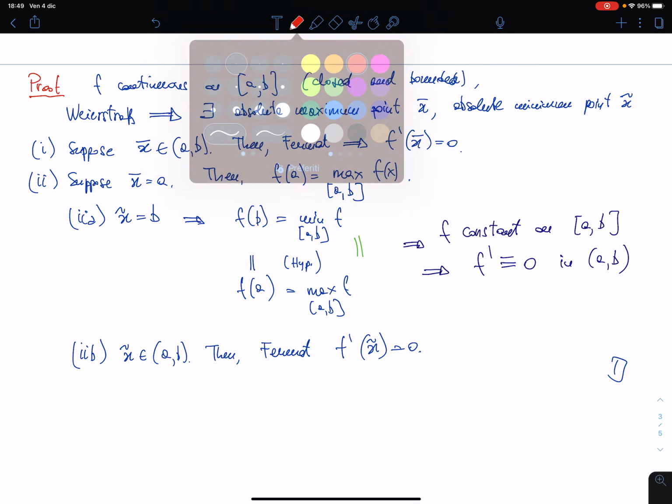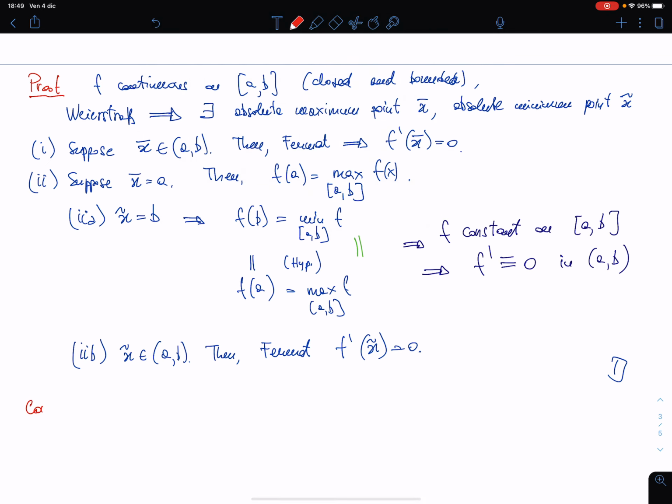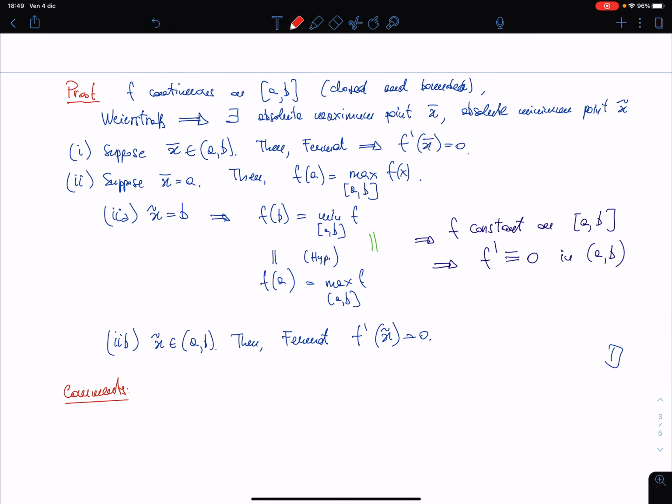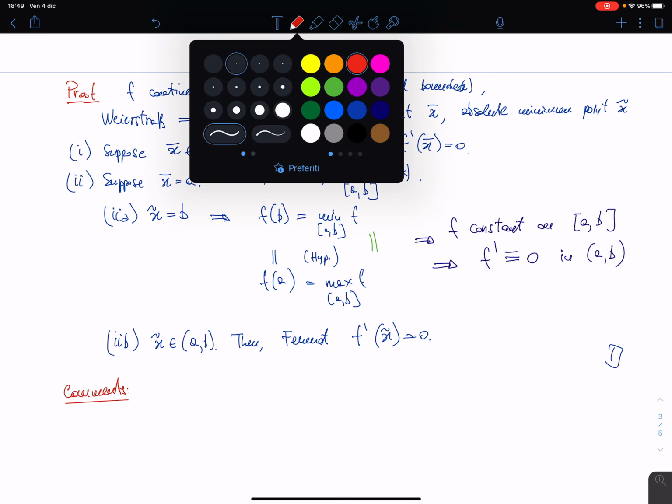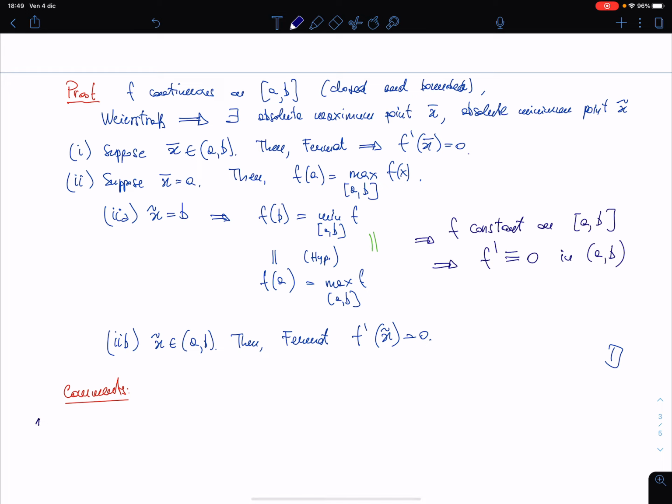The first comment is the following. First, f continuous on [a,b] is a necessary hypothesis.